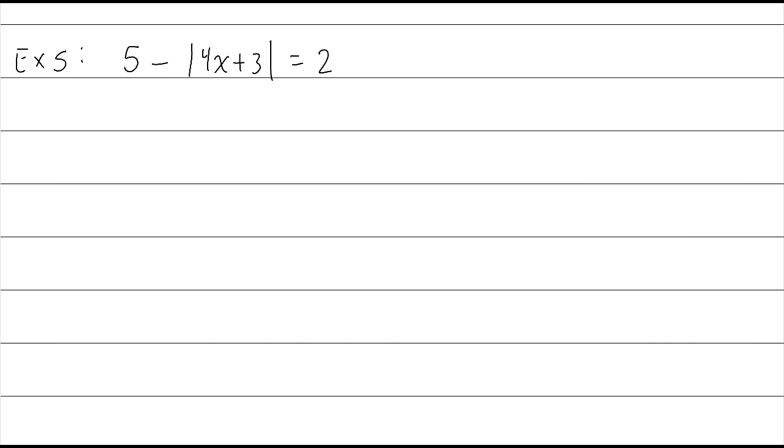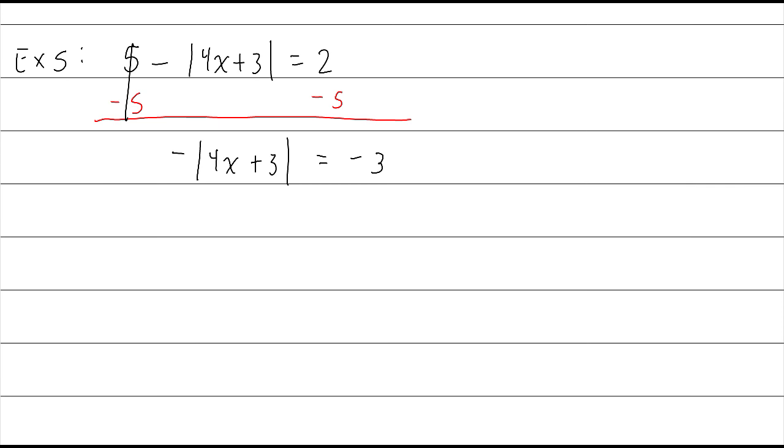The first thing I'm going to do is take care of this 5 and subtract it away. That leaves me with a negative absolute value of 4x plus 3 equals -3. This looks like an absolute value equal to a negative, in which case I would say no solution.